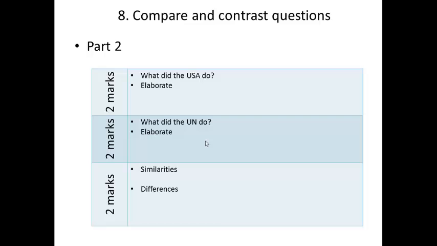So when I was assessing, so long as they said 3 marks about one, 3 marks about the other, it didn't matter that they hadn't directly compared the 2. But that would just be like 2 different answers. But let's try and highlight some of the ways that the responses are similar. They're both trying to deal with the crisis in Iraq. They both tried to resolve it. There aren't a lot of similarities. Differences, one used violence, one used soft power, etc., etc.